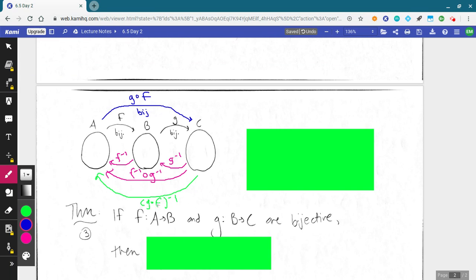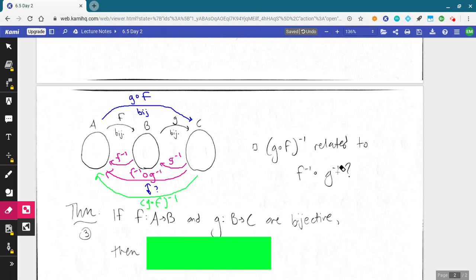And now this green function has the same domain and codomain as this pink composition. And so our question is, hey, are these related? Is G composed F inverse related to F inverse composed G inverse?